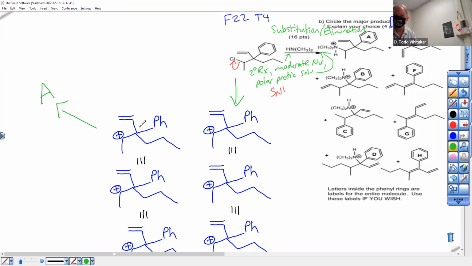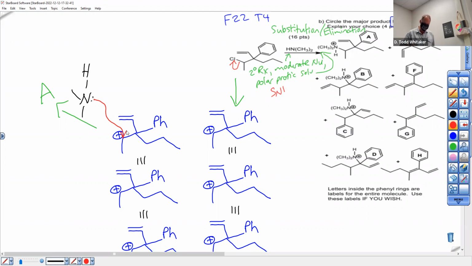So what's needed that's here, that's not here? The nitrogen with the 2 methyls and the hydrogen, correct? There's a good short form for it, and it just makes a bond to the carbon with the cation. There you got A, right there.